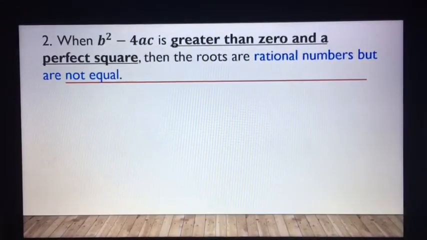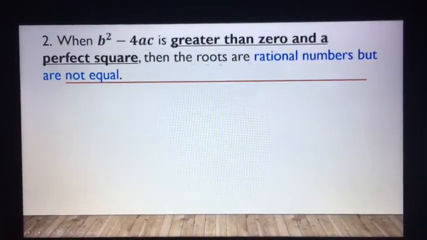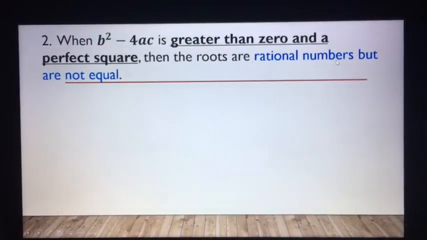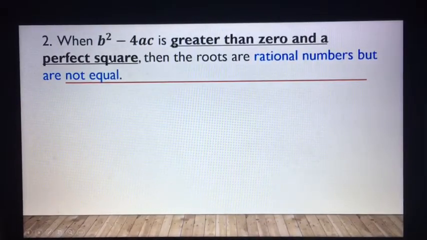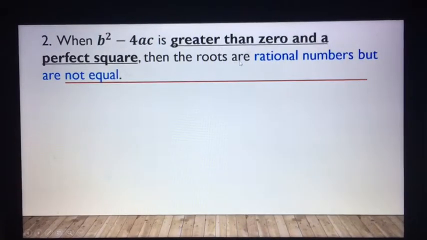Kanina, pag ang itong expression is equal to 0, ang roots nila are real numbers and equal. Ngayon naman, kung ang expression na ito is greater than 0 and perfect square, then the roots are rational numbers pero they are not equal.